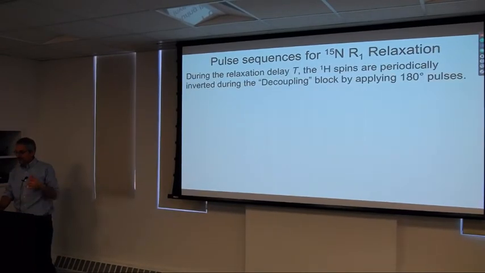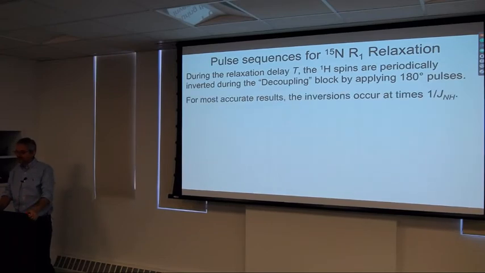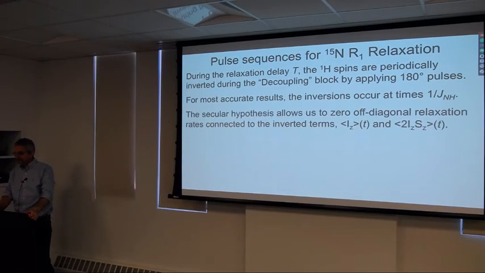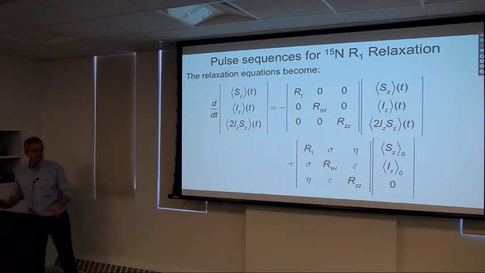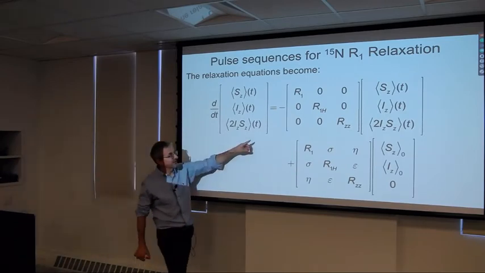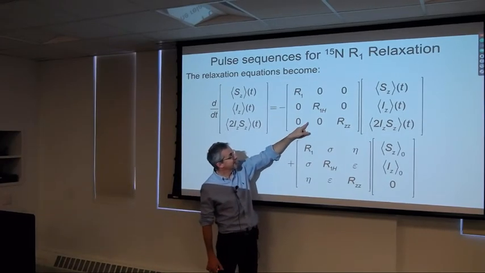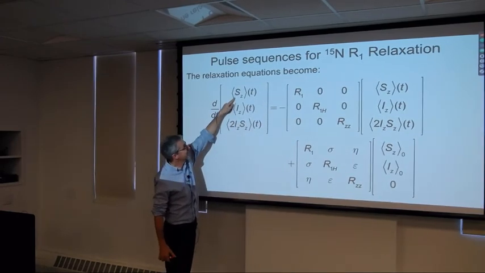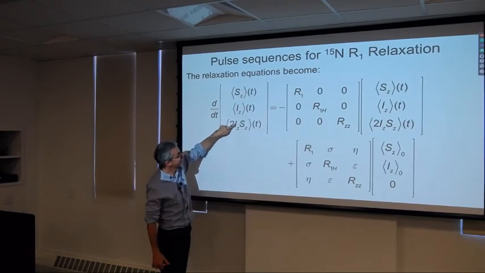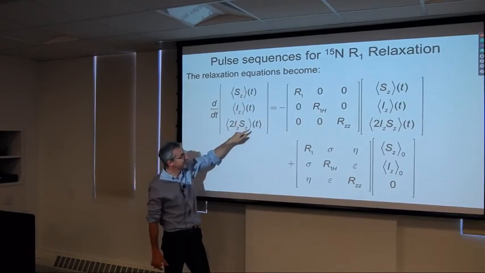And I told you that we're going to periodically invert the I spins, and since we periodically inverted them, we know we've made the I spins independent of the S spin. That would be true here too. We'll be inverting this component of the operator.